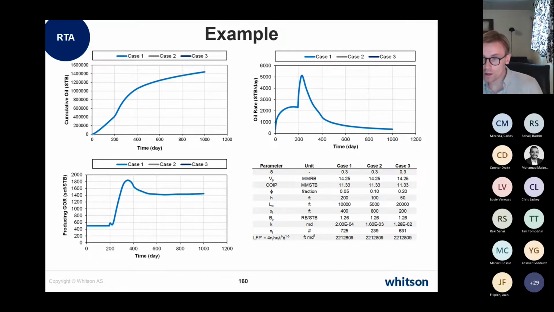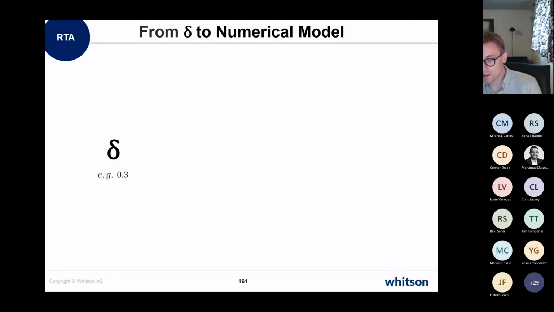What Acuna did, which is probably one of the most elegant things that at least I've seen, is how you can take a delta parameter, for instance, of 0.3, and say, okay, I would like to create a well performance with a delta of 0.3 from X number of symmetry element models, and the difference between these symmetry element models is the distance to its closest boundary.